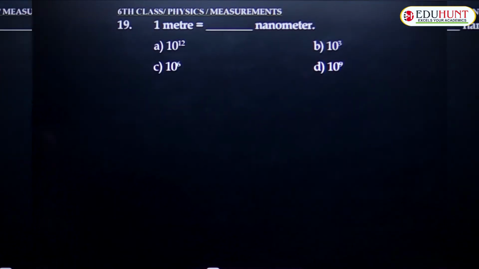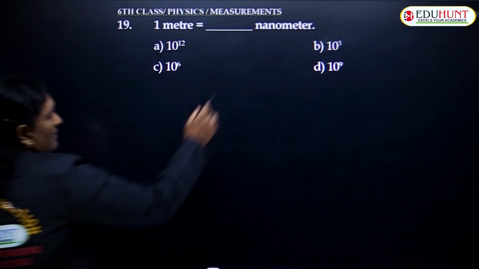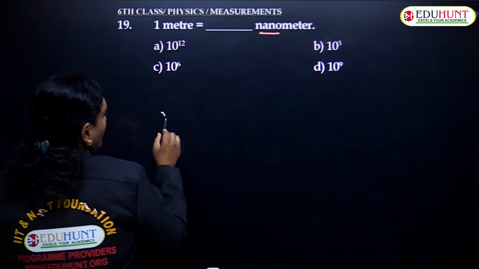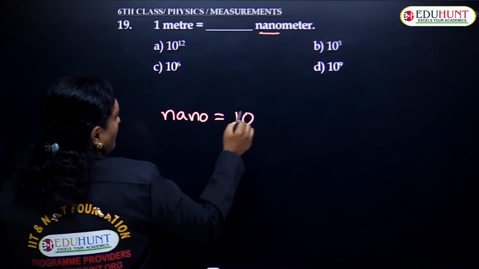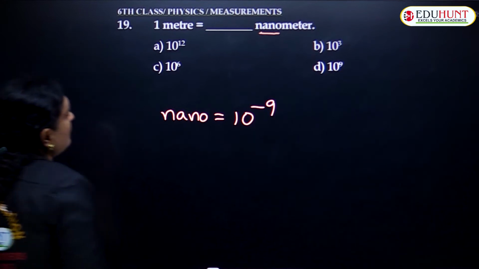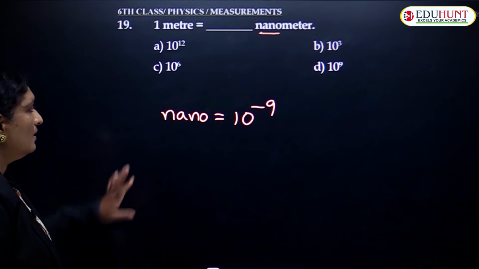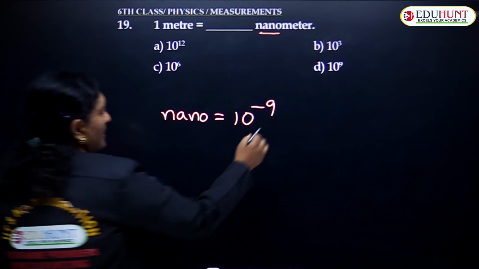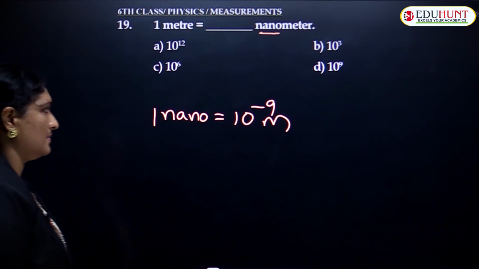Okay. 1 meter is equal to how many nanometers? So children, there it indicates nano. Nano means 10 power minus 9. So 1 nanometer is equal to 10 power minus 9 meters.